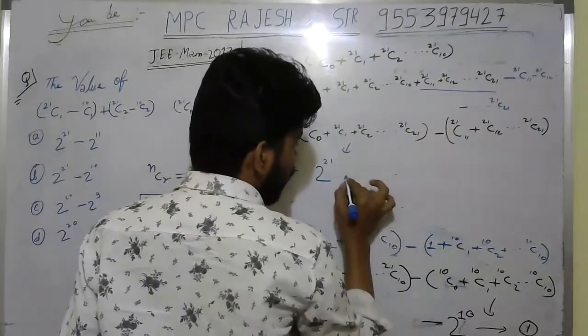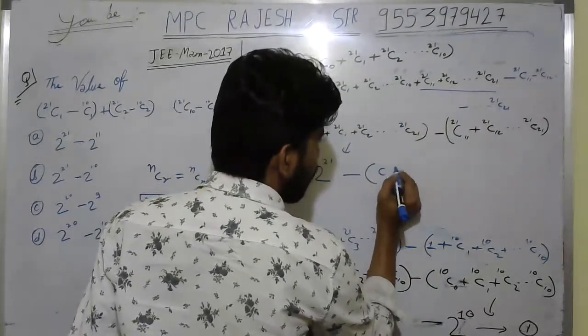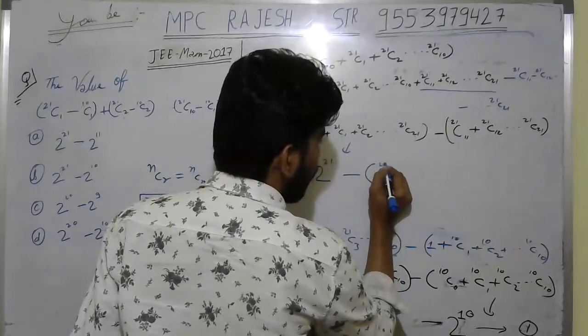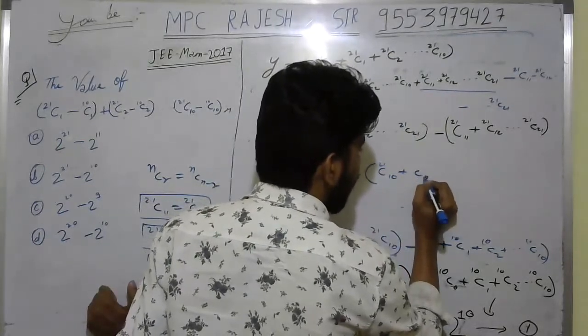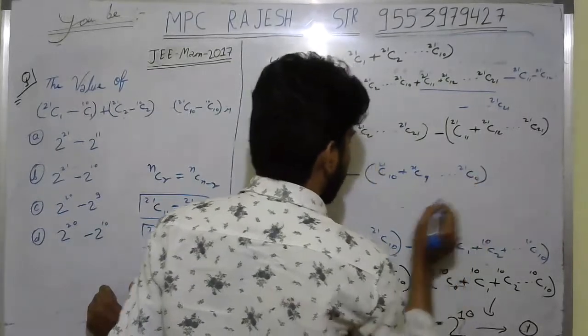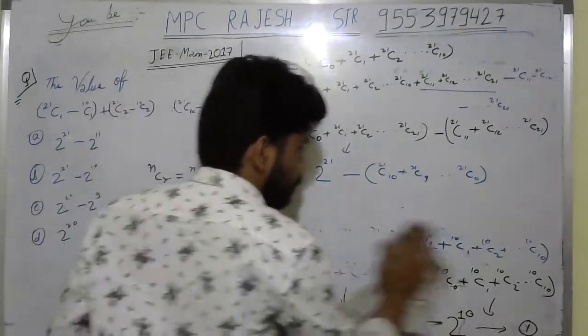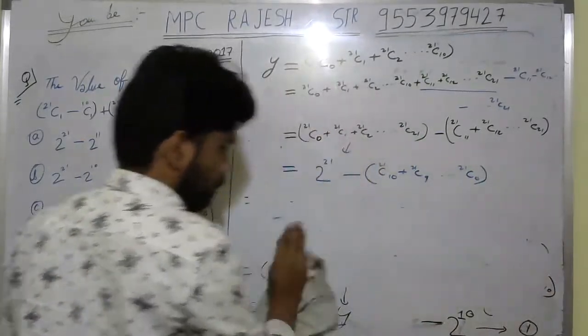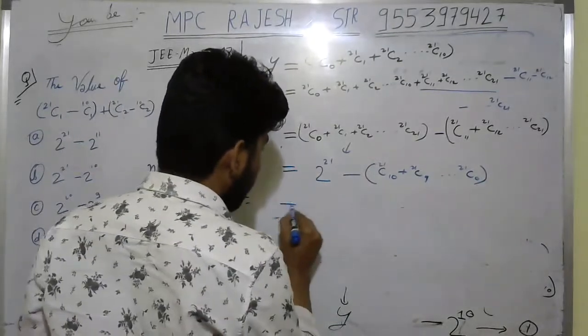From that we can write, look here: 21C10 plus 21C9 up to 21C0. Come to the point here.